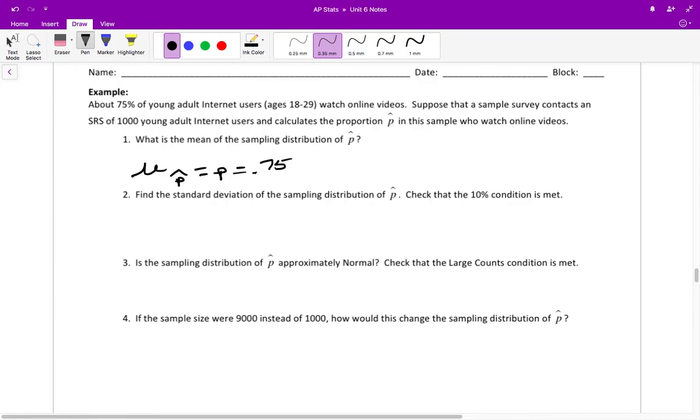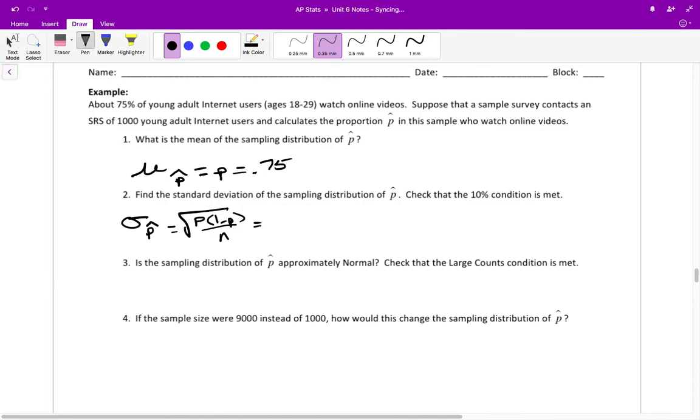All right, so for the standard deviation of your sampling distribution of p-hat, we are going to do this calculation. The standard deviation of p-hat is equal to, remember, the square root of p multiplied by 1 minus p over n.